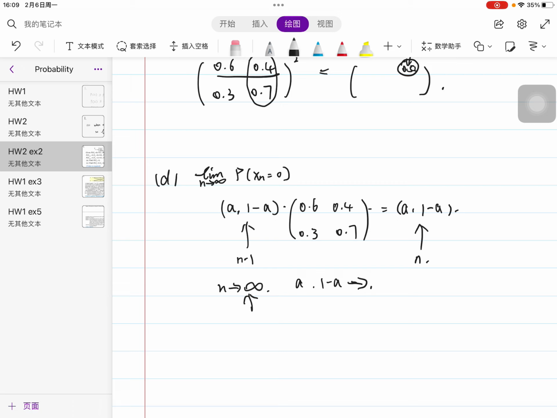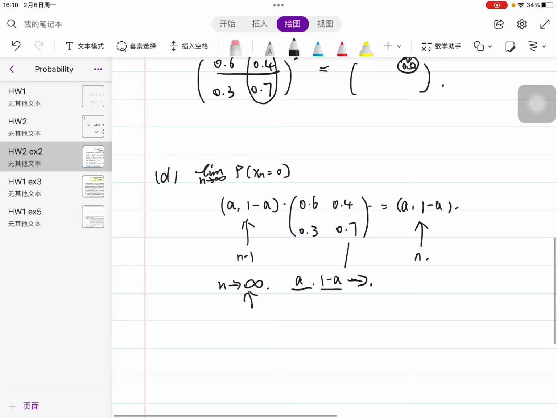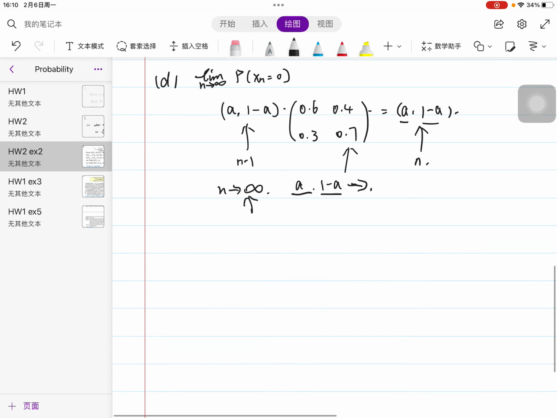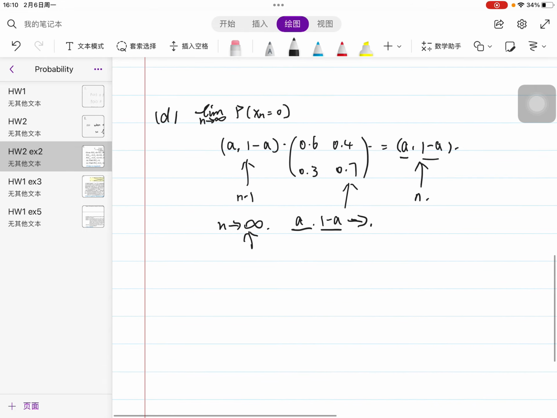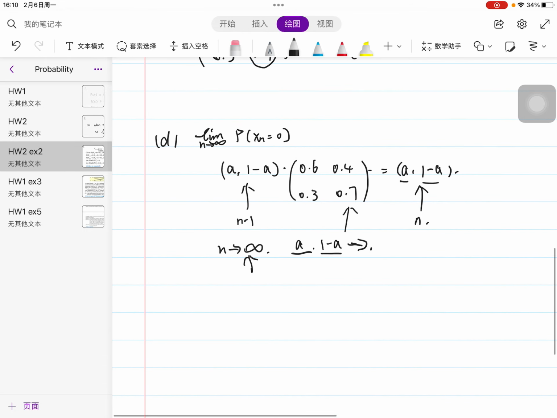So we could just assume that is a and 1 minus a, and because it converges to that, if we multiply by one more transfer matrix, it is still a and 1 minus a. So we could just solve this equation to get the answer.